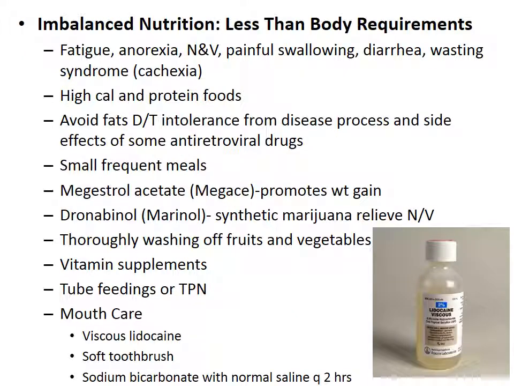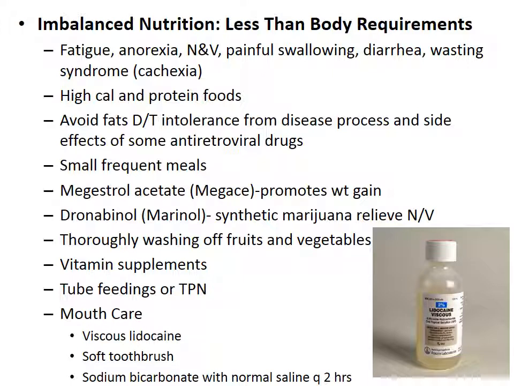Imbalanced nutrition, less than body requirements: fatigue, anorexia, nausea and vomiting, painful swallowing, diarrhea, and wasting syndrome or cachexia. You need to remember to offer the patient high-calorie and high-protein foods and avoid fats due to intolerance from the disease process and side effects of some of the antiretroviral drugs. Small frequent meals are very important, and the patient may often be prescribed megestrol acetate or Megace as it promotes weight gain.